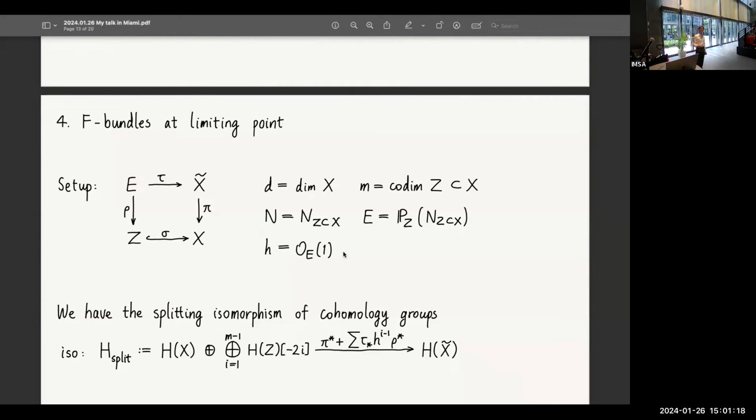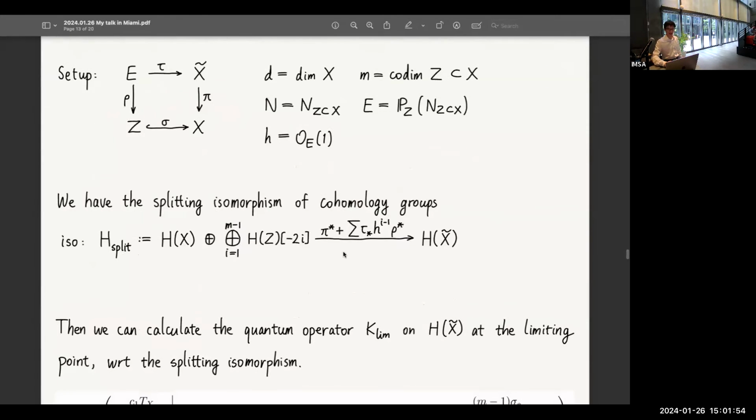Then we have the splitting isomorphism of cohomology groups. We denote by H split the direct sum of the cohomology of X with shifted copies of the cohomology of Z. And then we have an isomorphism between this direct sum and the cohomology of X tilde. It is in Claire Voisin's book.